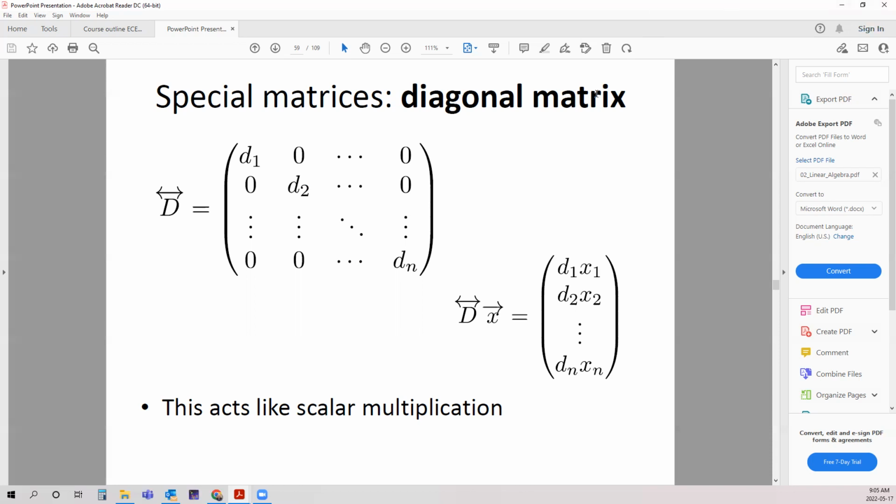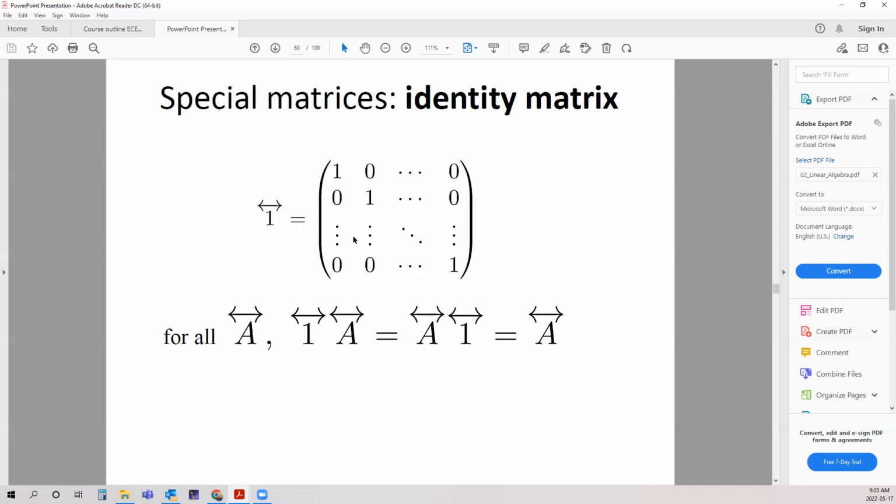Identity matrix: if we have ones on the diagonal and all other entries zero, then for all matrices A, I times A equals A times I equals A.